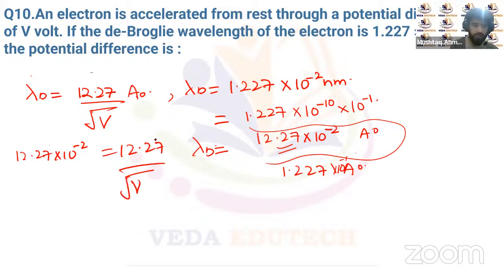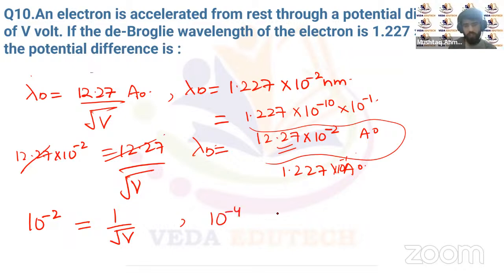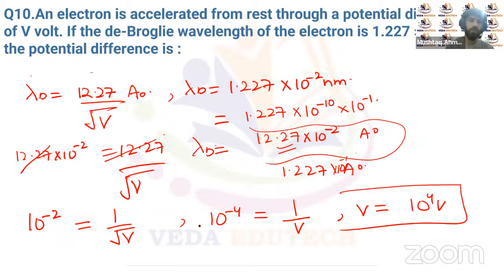From here, 12.27 and 12.27 get cancelled, and 10 to the power minus 2 is equal to 1 upon root V. Now if we square both sides, it will be 10 to the power minus 4 equal to 1 upon V. So from here, V will be equal to 10 to the power 4 volts, right? So this much will be the potential difference through which the electron is accelerated, right?